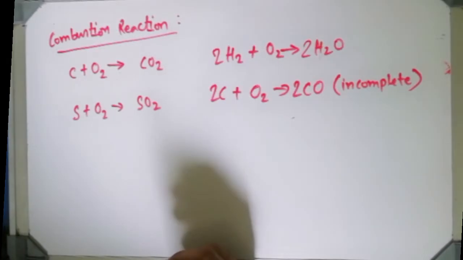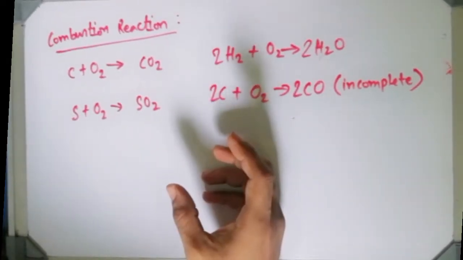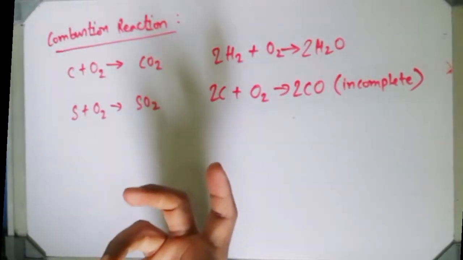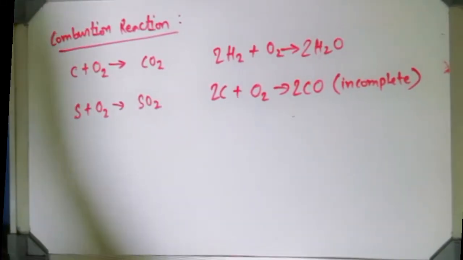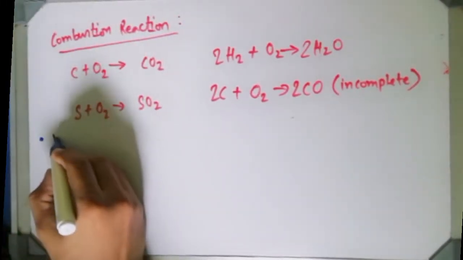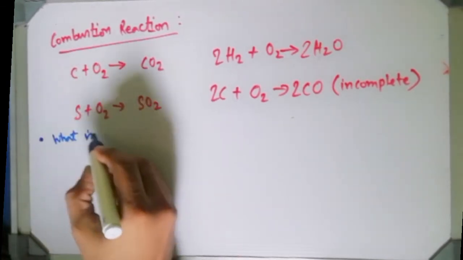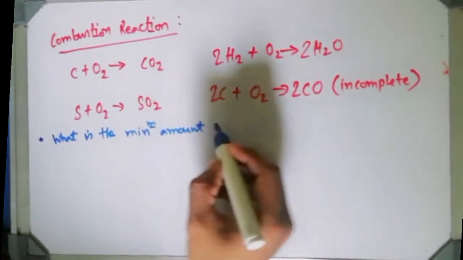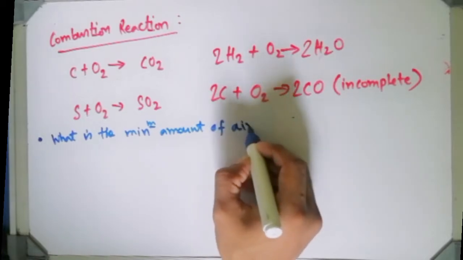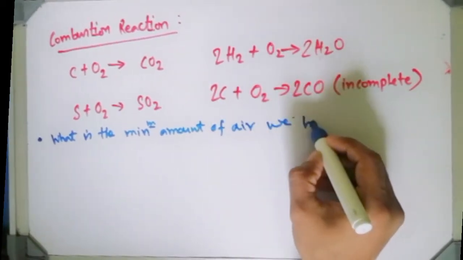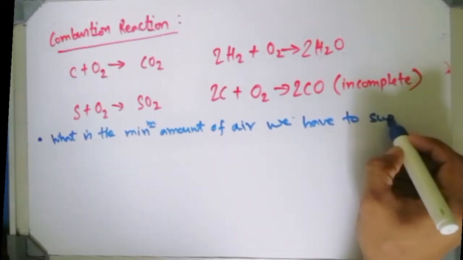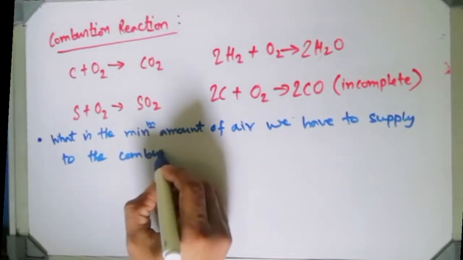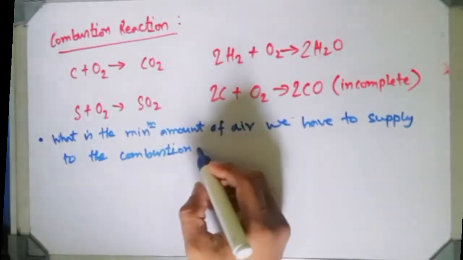We are going to find out what amount of oxygen is needed for the oxidation process, or rather say, what is the minimum amount of air we have to supply to the combustion chamber. That we are going to find out first.